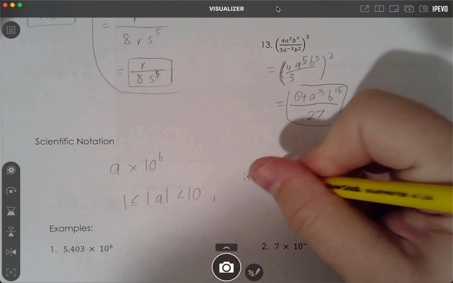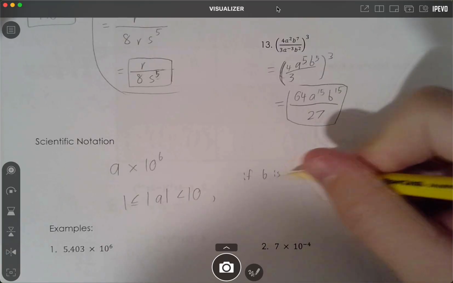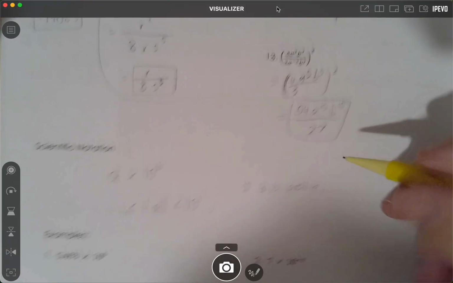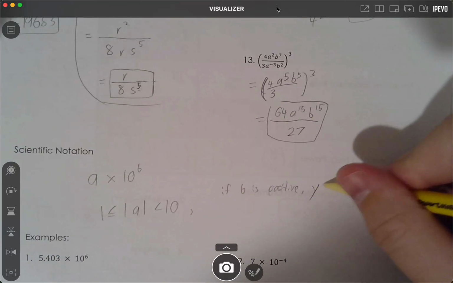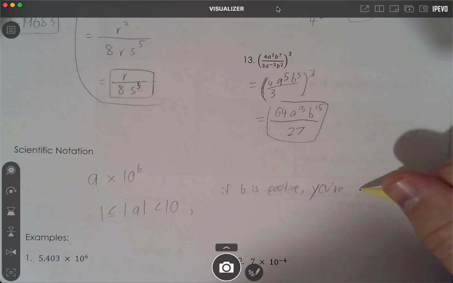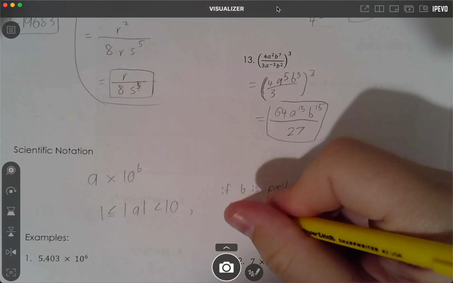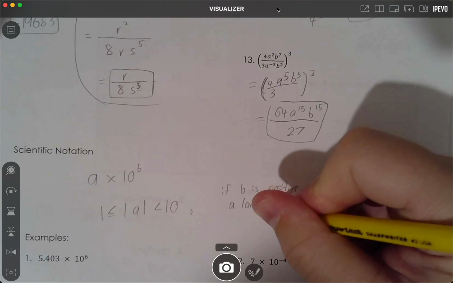And we'll just say if B is positive, you're representing a large number.